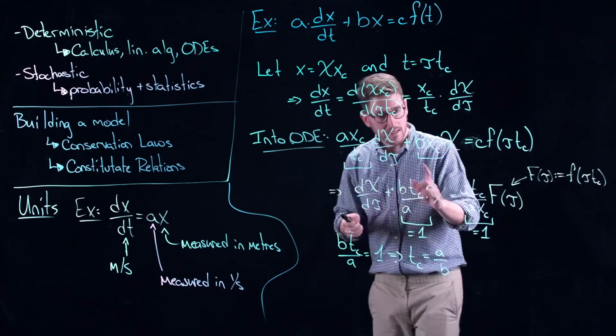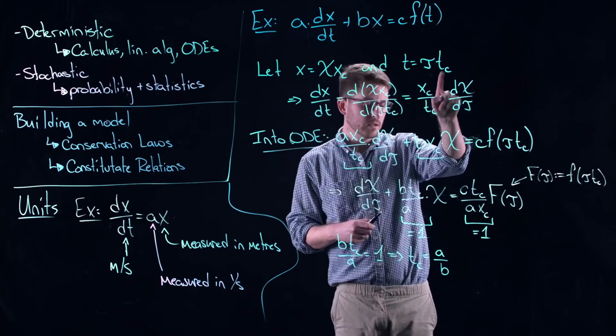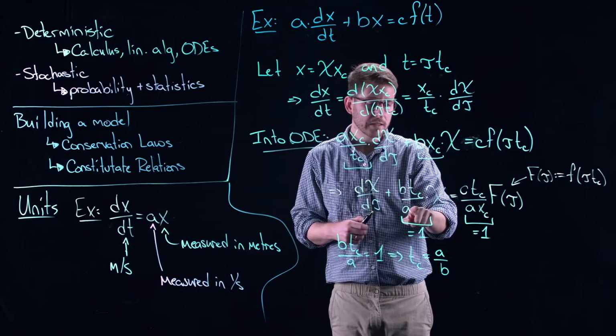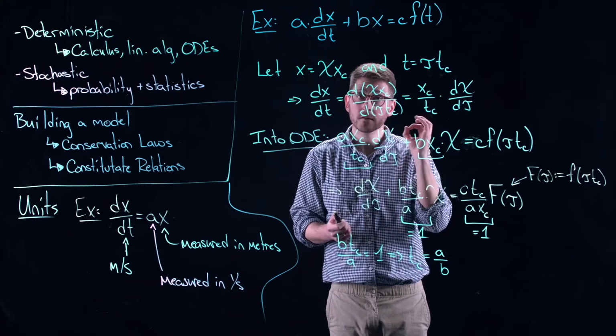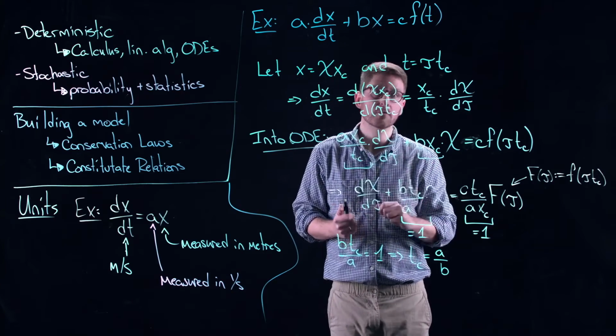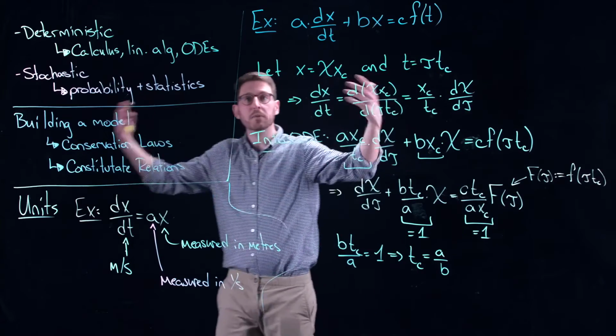That's what that tells me. And it also tells me that if I choose to rescale time by a over b, then I completely get rid of all of the constants on the left-hand side of my differential equation. I now have a derivative of a function plus the original function. No multiples, no 2's, no 3's, no a's, no b's, nothing.